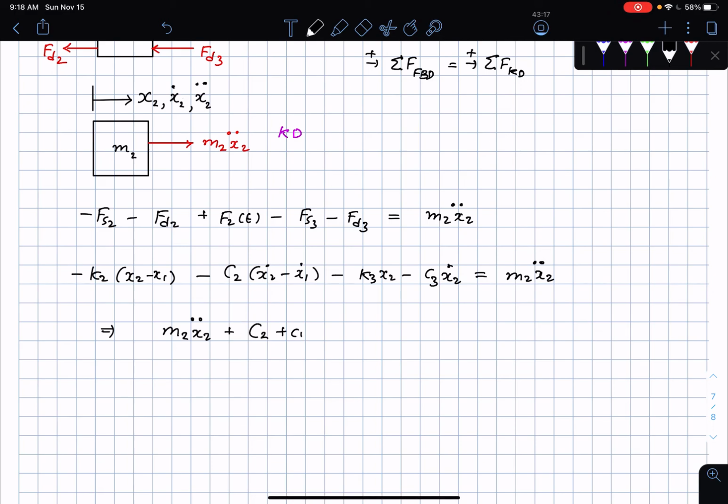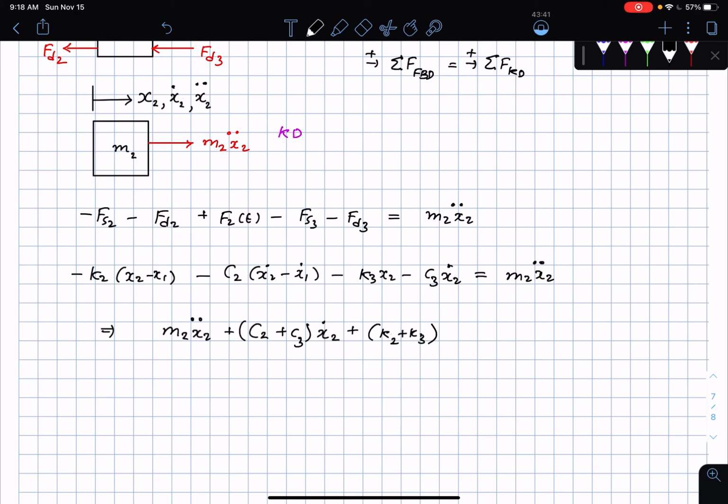c2 plus c3 times x2 dot. I'm going to write it in the first standard form, x2 dot, and then I'm sorry, this is going to be c2 plus c3. I apologize for that. Then this is going to be k2 plus k3. I'm still sitting in the second mass form.